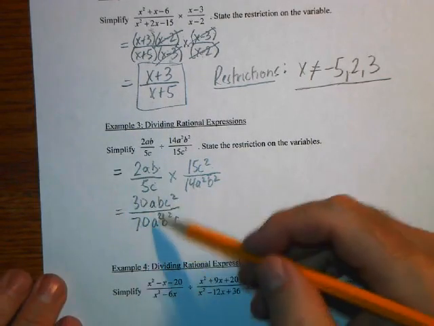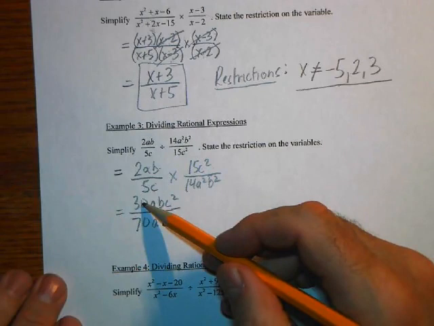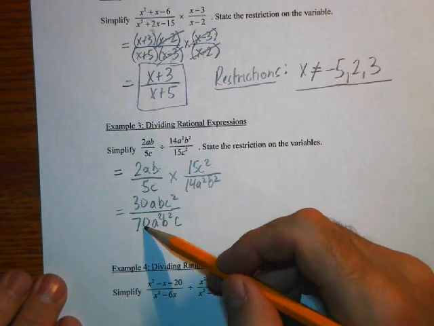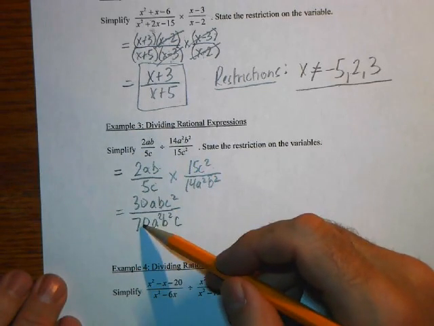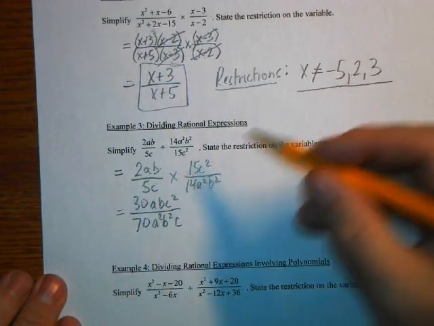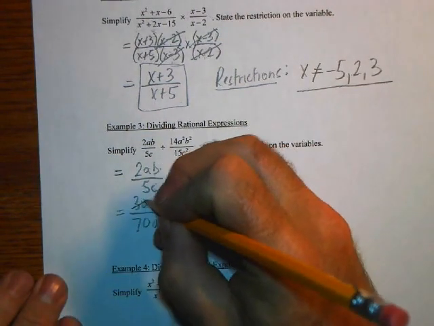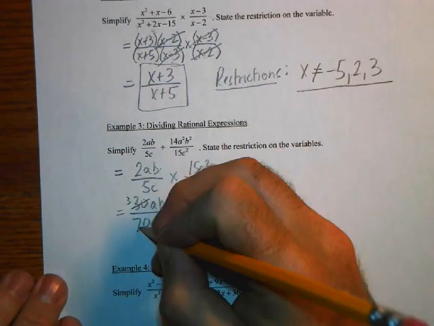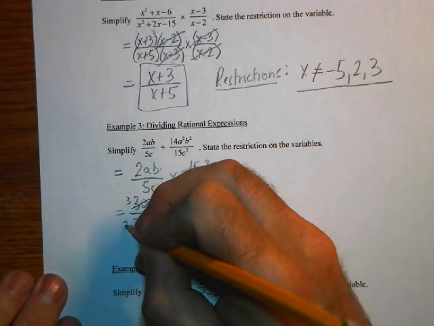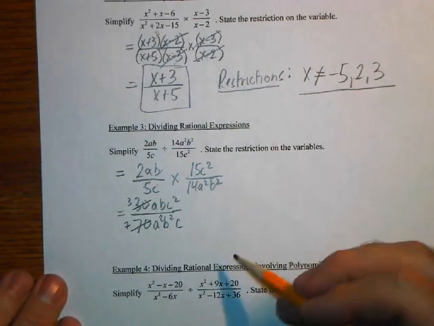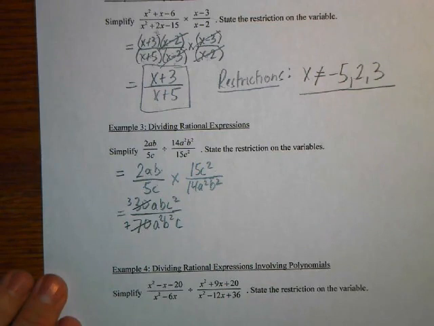So the first thing I look at is the constant part. I have 30 over 70, and I can very quickly see that I can divide both of those by 10. So when I divide 30 by 10, I get 3. 70 divided by 10 gives me 7.